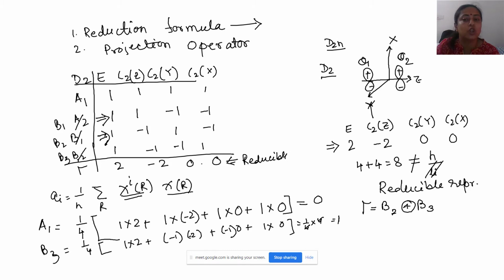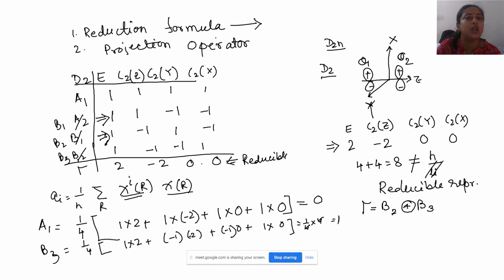Remember that this is not a simple arithmetic addition, but this is an addition of the matrix. So I have written it as a direct addition, B2 plus B3. So two irreducible representations are going to span this reducible representation.